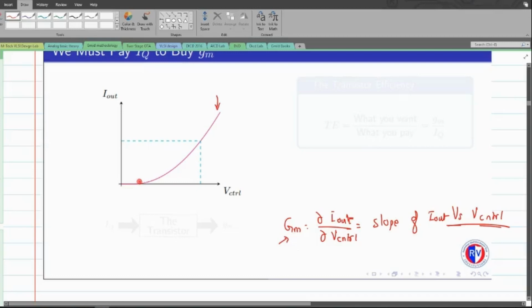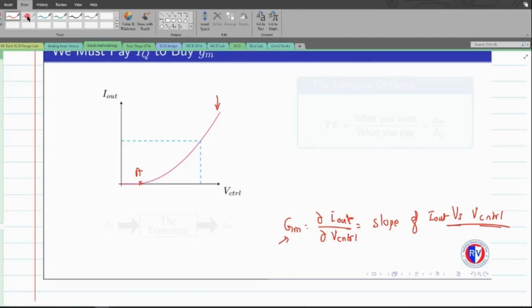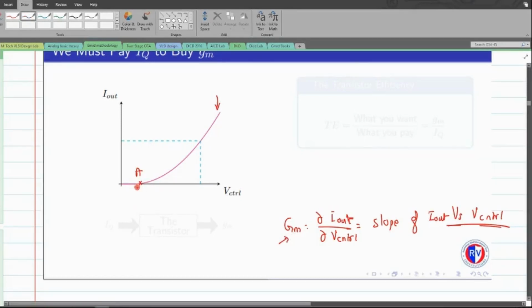Let me take this particular point, which I mark as A. If I take the slope here, which is nothing but the derivative, we end up having a very small difference in the I out. So if I take a small perturbation along this point A, there is not much difference between the left side and the right side of the signal.